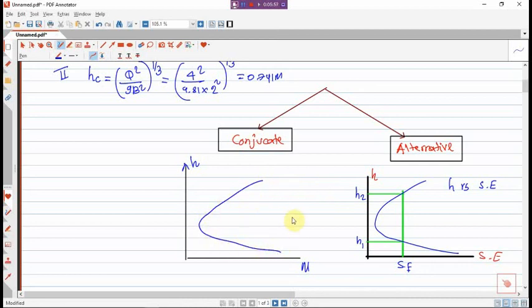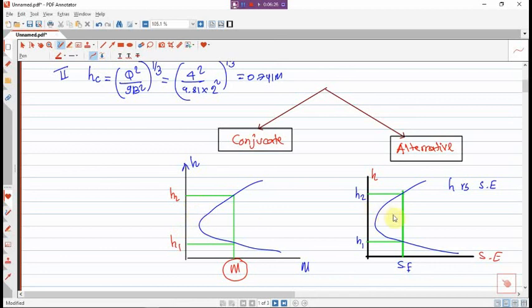Here, for a certain value of the momentum impulse, you will get two values like the previous graph. These we call H2, H1. So we get these for a certain M value, momentum.